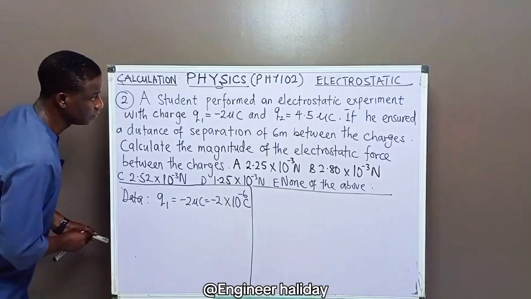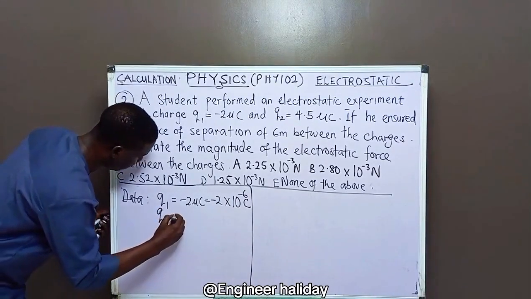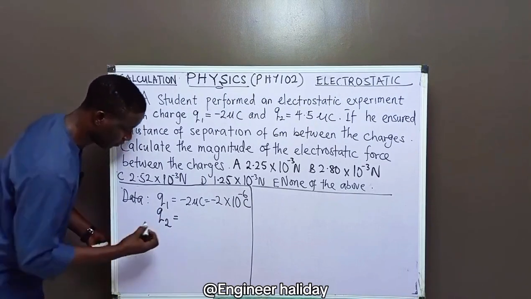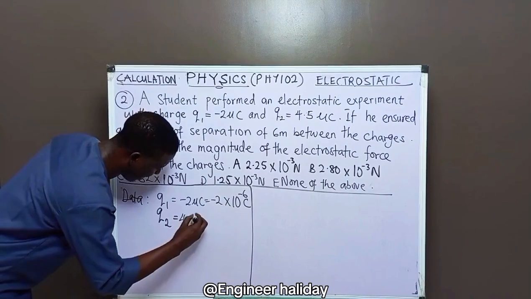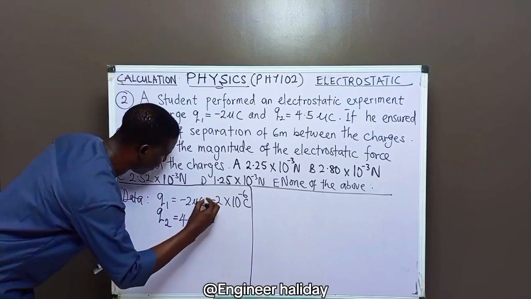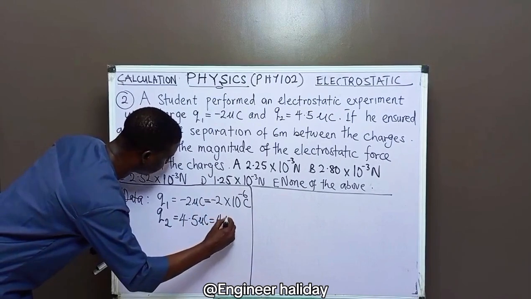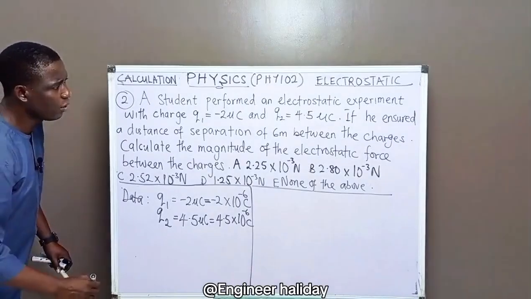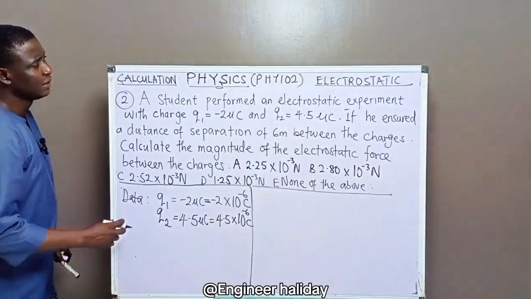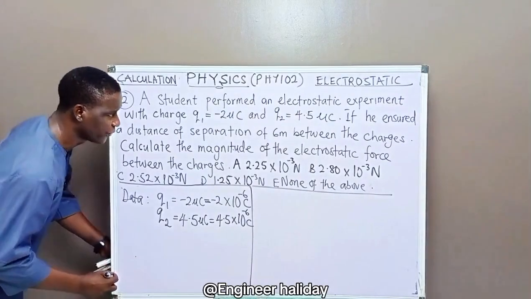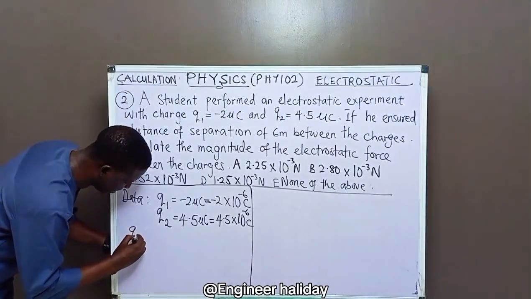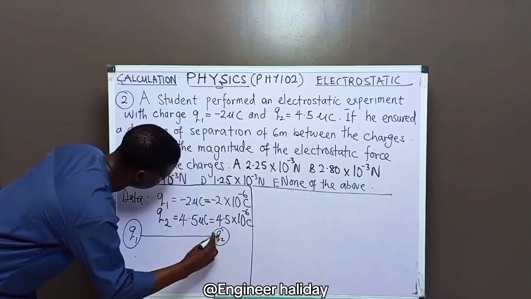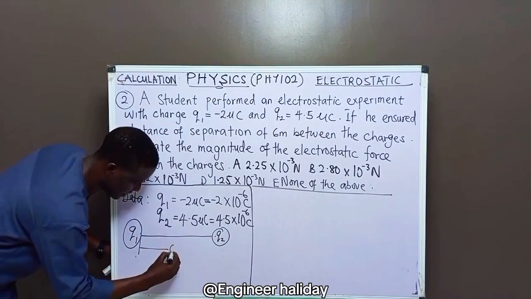Q2 is equal to 4.5 microcoulomb, which is equal to 4.5 times 10 raised to the power of minus 6 coulomb. And then what is the distance apart? They said they ensure a distance of separation of 6 meters, that means the distance of separation between charge Q1 and charge Q2 is 6 meters.